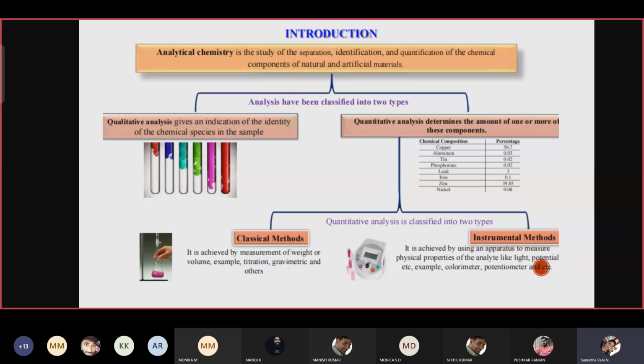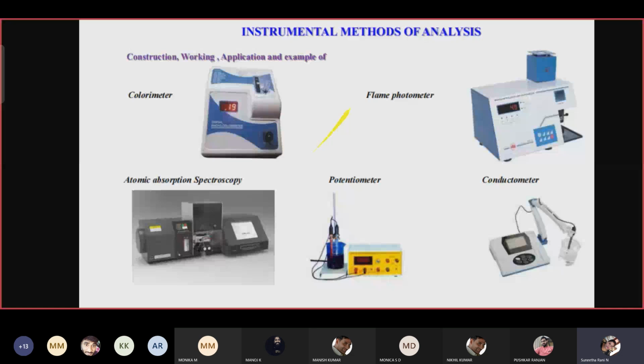Now, what are the different instruments we are using? Colorimeter, flame photometer, atomic absorption spectroscopy, potentiometer, and conductometer. The colorimeter is used to measure the color intensity. The flame photometer is used to measure the intensity of the colored flame.